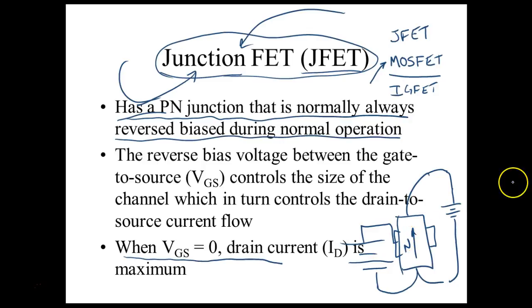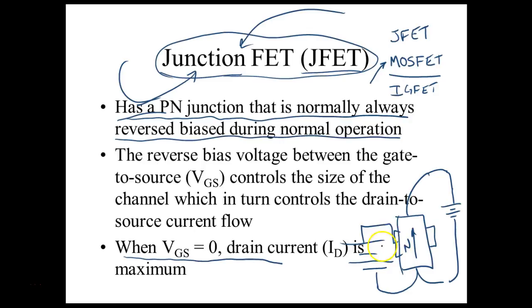How much depletion region you get depends on how much reverse voltage you apply. So when I reverse bias a diode, the more reverse bias I put on it, the depletion region just gets bigger, until it gets to the point where it breaks over. So we would have a breakover voltage, gate to source, that if we exceed, we're going to burn up the transistor.